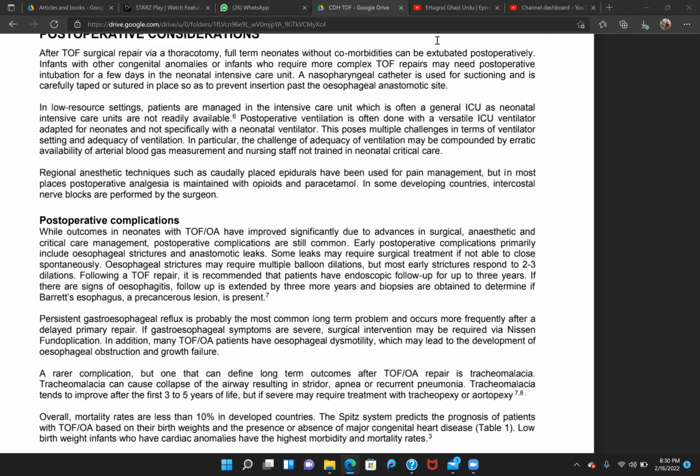So the next part of our topic is prematurity. What are the concerns in a premature baby?